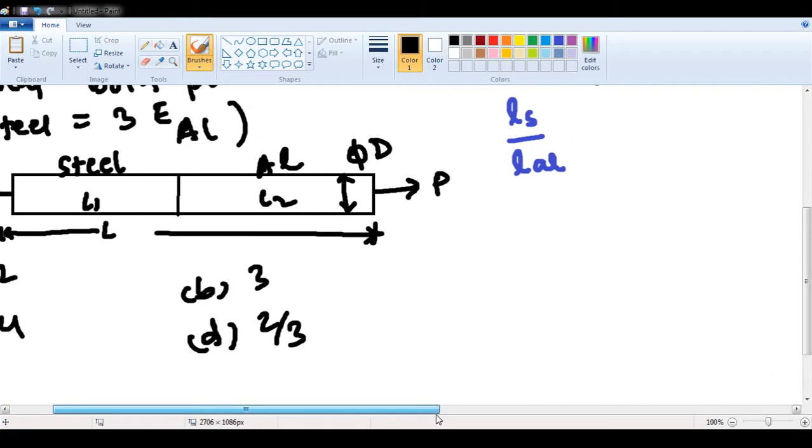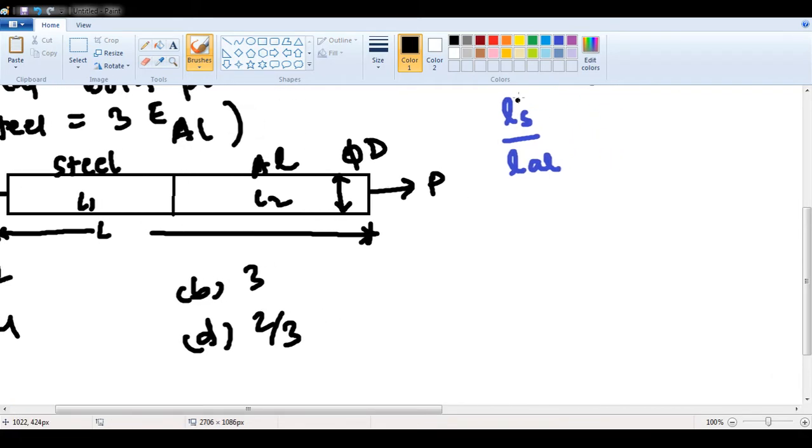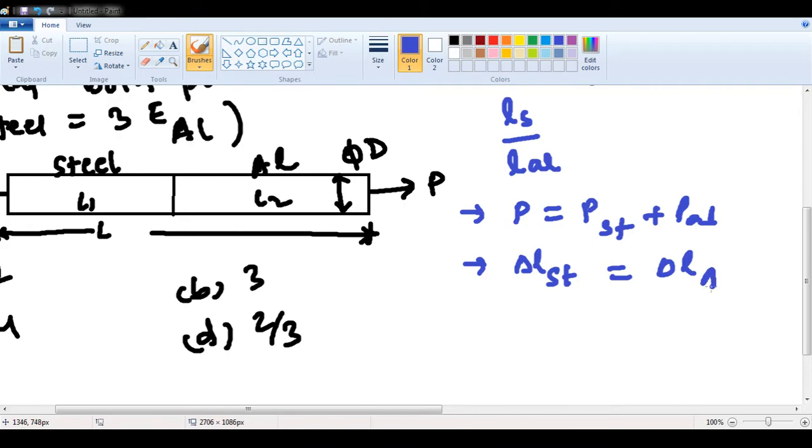So when it is a composite section, what was the law? The law is force will always be with steel plus aluminium, as well as the change in length of steel will always be equal to the change in length of aluminium, whenever we are discussing composite stresses.